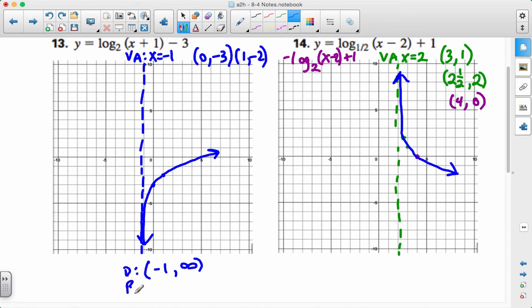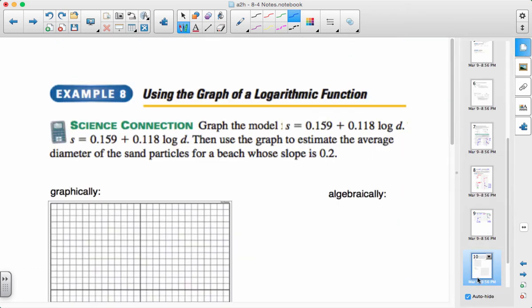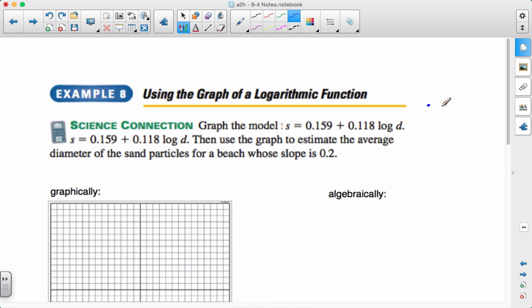This guy, range is -infinity to infinity. Domain on this guy is 2 to infinity. Range is -infinity to infinity. Maybe you're starting to see a pattern here. Your range on logarithms will always be all real numbers, -infinity to infinity.